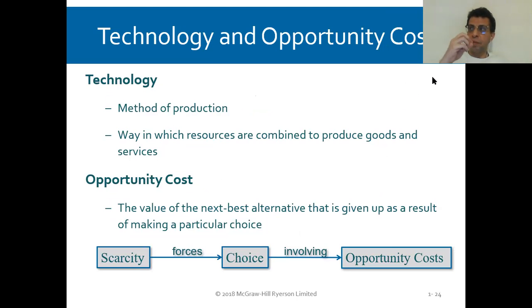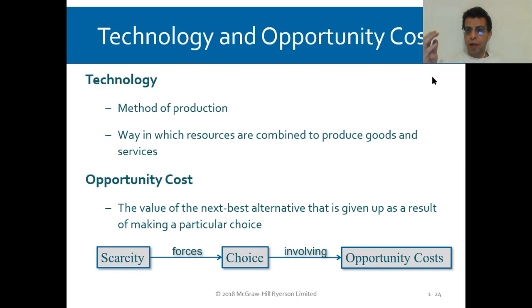Is it mechanics, hand labor, or automation? It's a method of production, a way in which the resources are combined to produce goods and services.